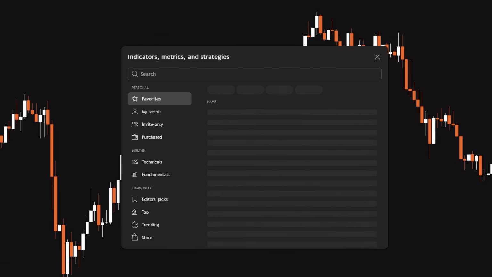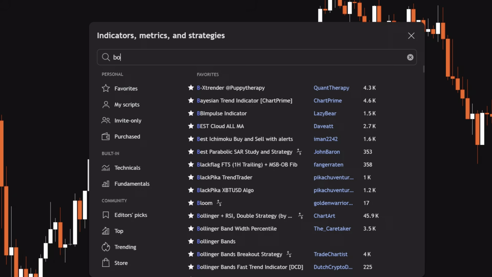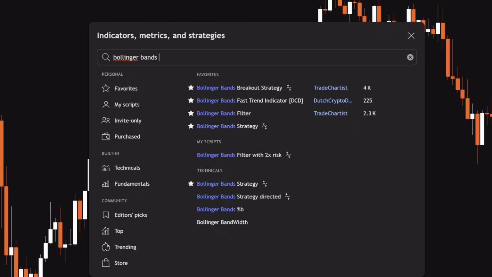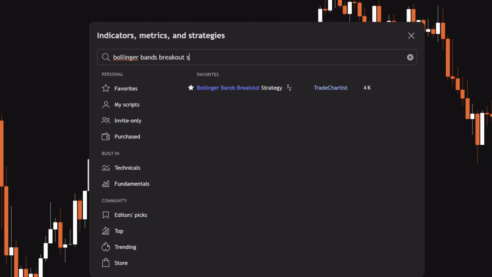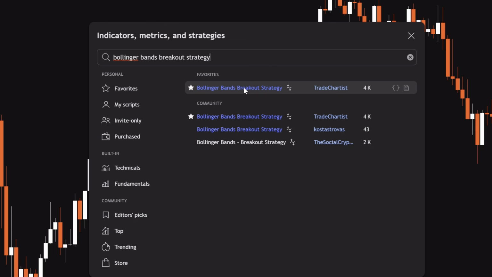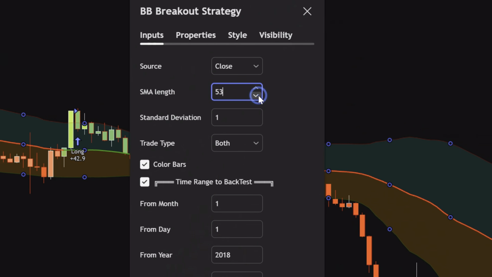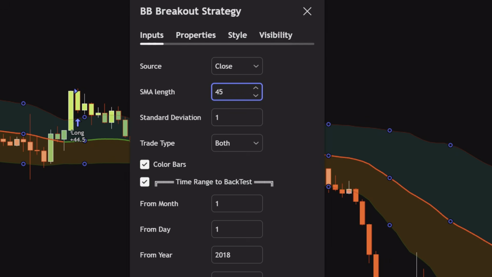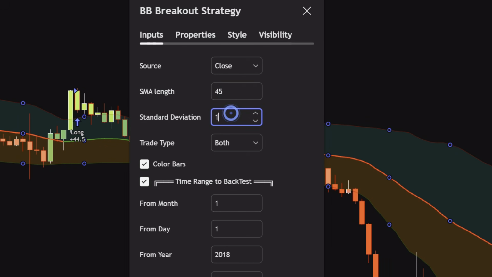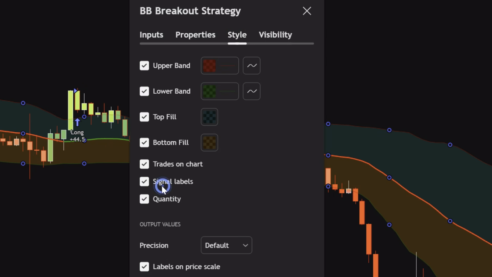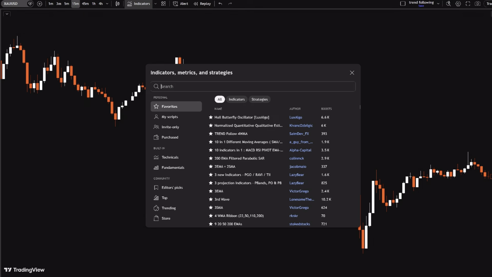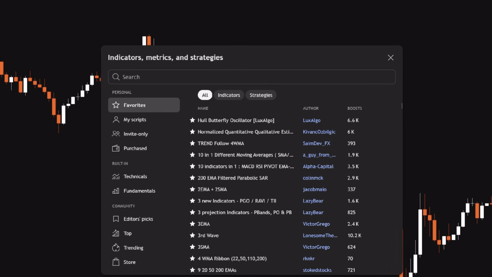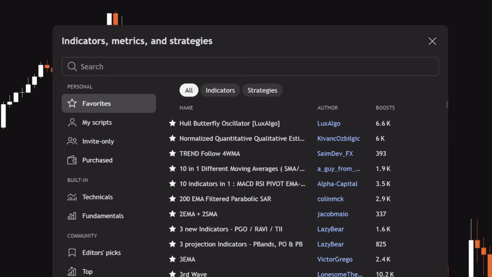To make this work cleanly, we adjust the Bollinger Bands. Set that to SMA, then set the length to 45. And layer on the Squeeze Momentum indicator by LazyBear with these settings.